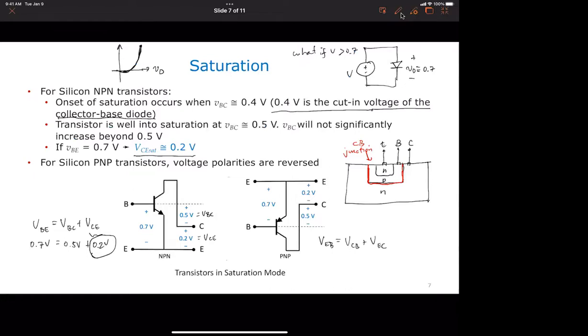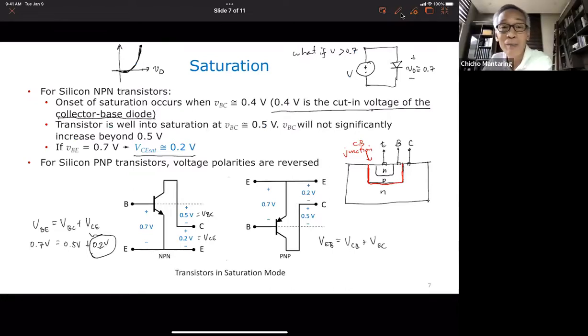Exactly. You're going to destroy your component, because your component has a power rating. It can only dissipate a certain amount of power. For example, if my diode is 1 watt, then that means the maximum current that my diode should be able to carry is 1 watt divided by 0.7, which is just a little over 1 ampere.